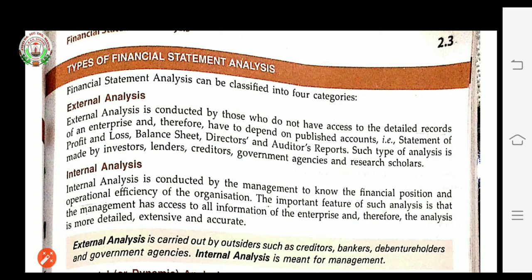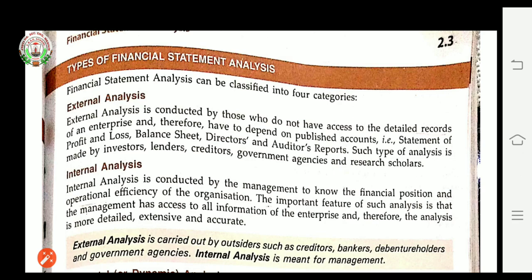First is external analysis. Now, this is conducted by those who do not have access to the detailed records. They are not having the right to use that particular information or books. So this external analysis will be conducted by people who have not accessed the detailed records of an enterprise.